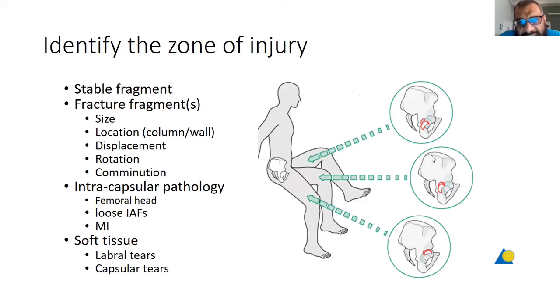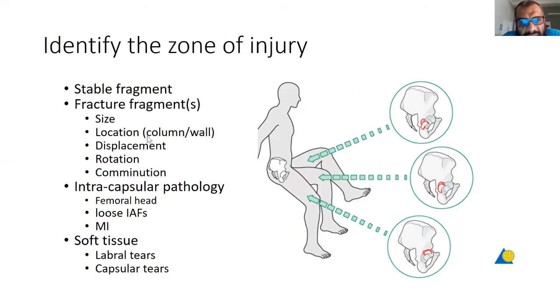But in acetabular fractures, it's very important to identify the location and the size of the fragments. Whether this fragment belongs to the column or the wall is very, very important, because when we see the order of your fixation, you will see why this is so important. So keep this point in mind until we go through the presentation.